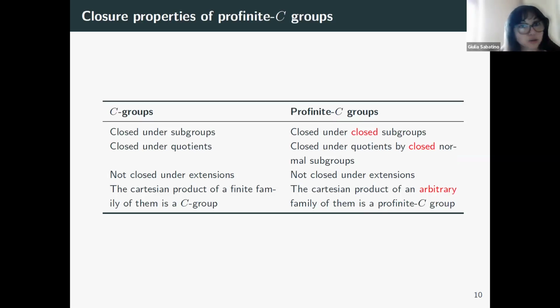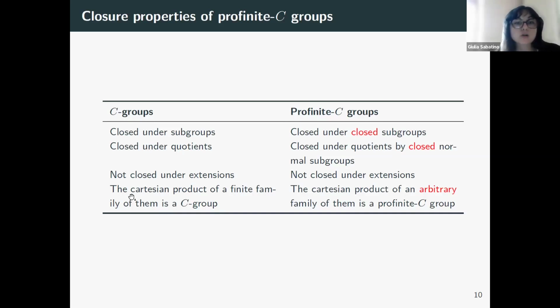And we found a lot of similarity: both of them are closed under subgroups, even if in the profinite setting we have to consider closed subgroups. The same holds for quotients, and both of them are not closed under extension. And the most important one is the following.